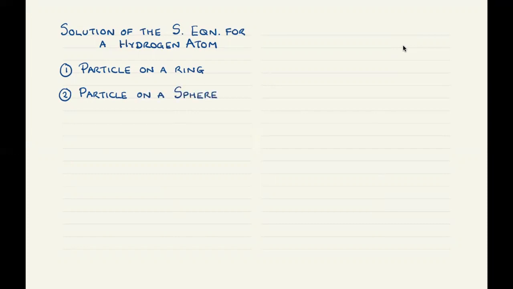So again, the particle is a free particle. It doesn't experience any potential, but this time it's confined to be anywhere located on a sphere with a constant radius. And then the last step, which is the full solution of the hydrogen atom problem, is a particle in a Coulombic potential.